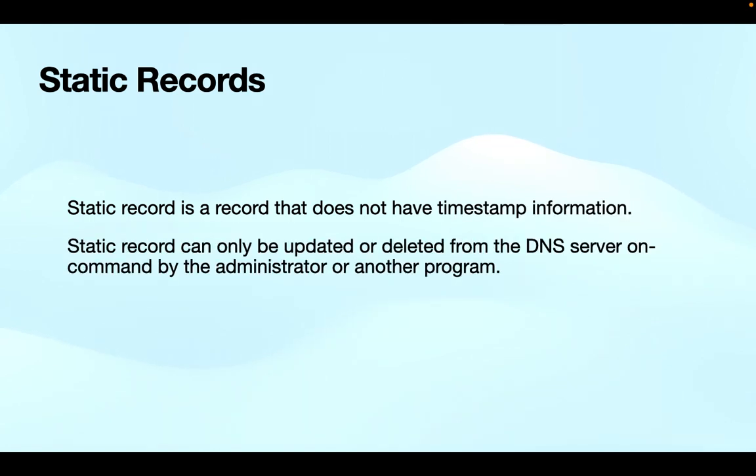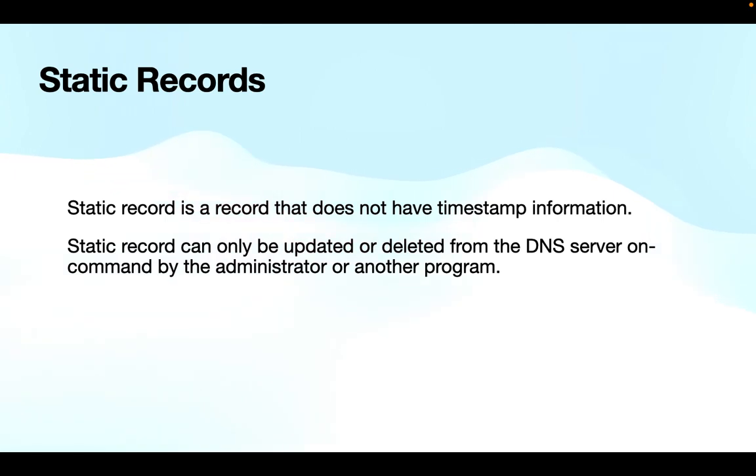So what is the difference between these two records, static and dynamic? The first difference is a static record is a record that does not have timestamp information. Timestamp information, what does that mean? Timestamp information keeps information on when that record was last updated.